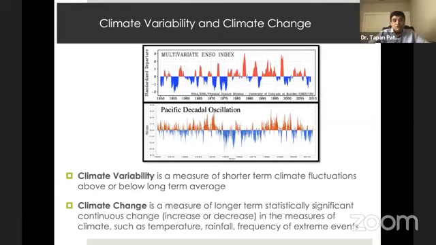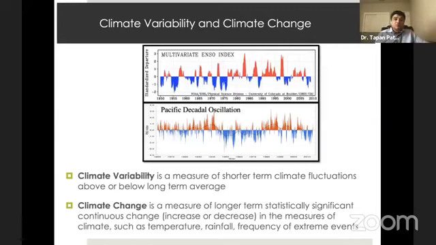You see two examples of these oscillations, which have both orange and blue colors. Both of those indices are oceanic temperature oscillations, the sea surface temperature oscillations in the equatorial Pacific region.